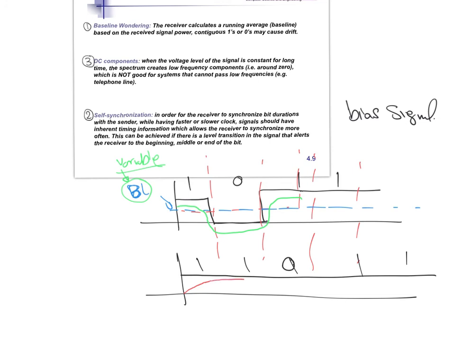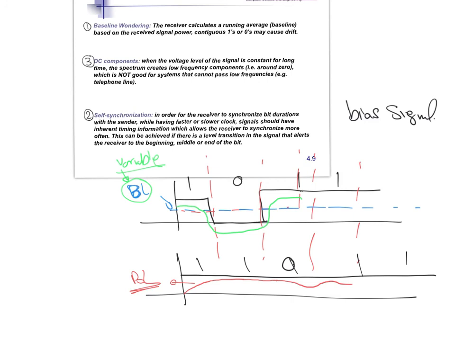Once I get, for example, a 0, then the baseline will fix a little bit, and then it may go down or it may go up and so on. So statistically, by using a variable baseline like this, we lower the probability of error in detecting the voltage level of the signal. Okay, so by using a baseline based on the moving average of the digital signal itself, we reduce the errors.